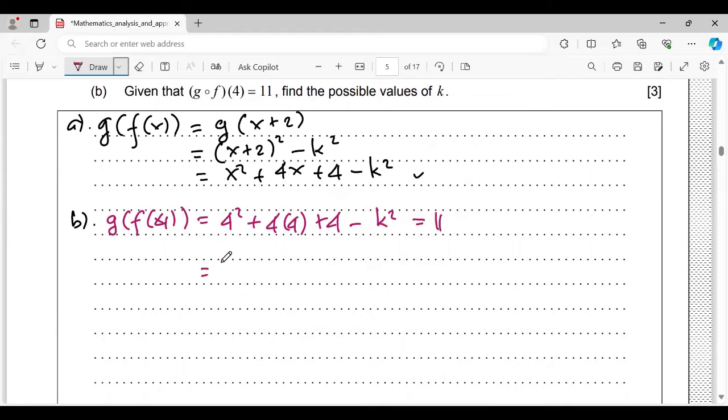So it becomes 16 plus 16 plus 4, which is 36, minus k squared equals 11.